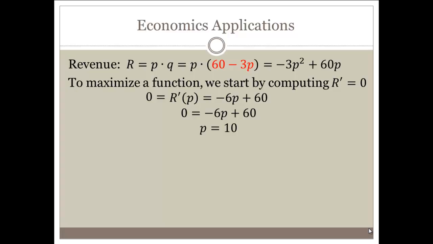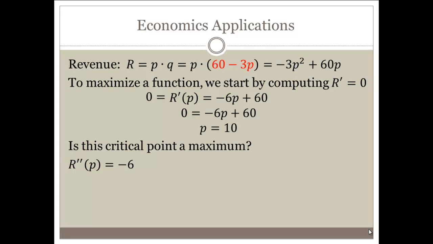Remember that so far we have only found that P equals 10 is a critical point, but is this critical point a maximum? To check, let's use the second derivative test. Computing the second derivative of R, we need to take the derivative of R prime, which is negative 6P plus 60. Its derivative is negative 6.